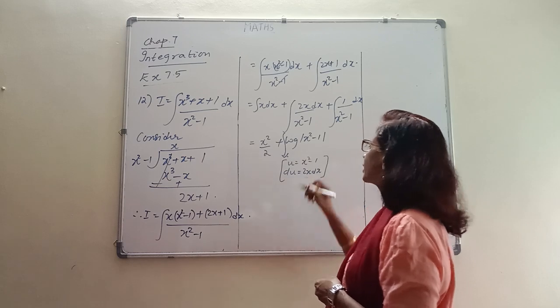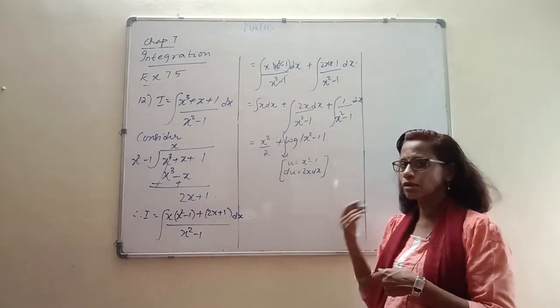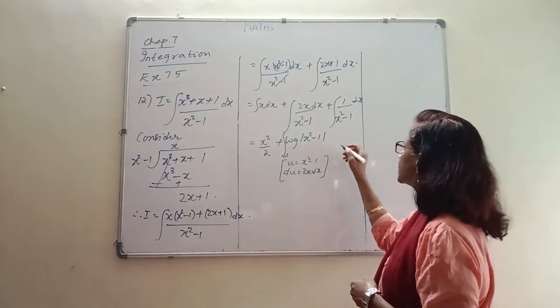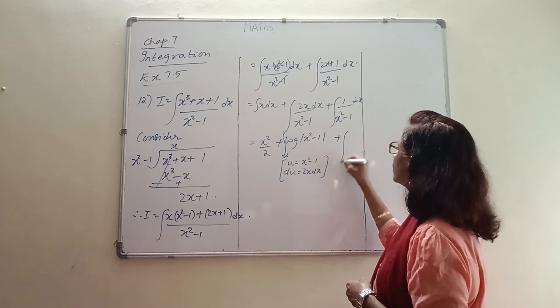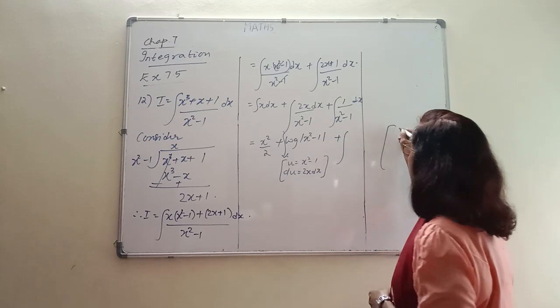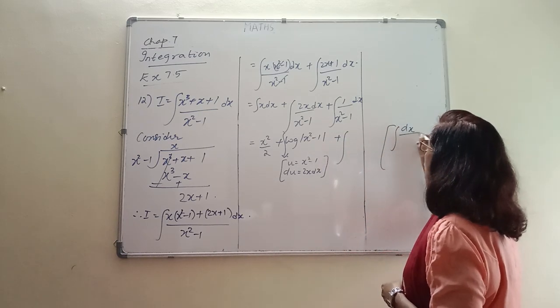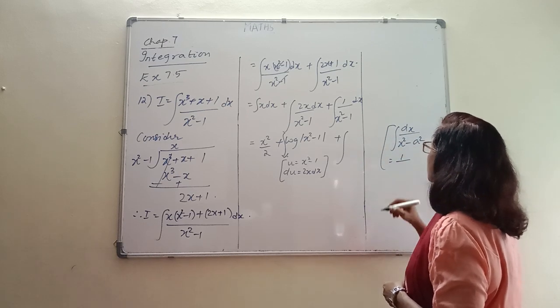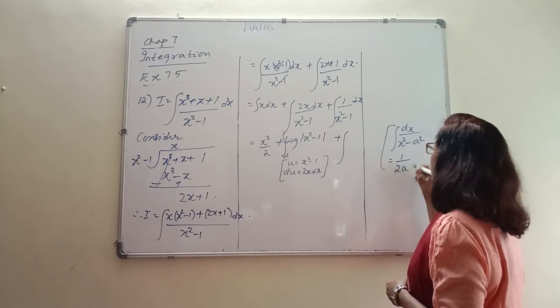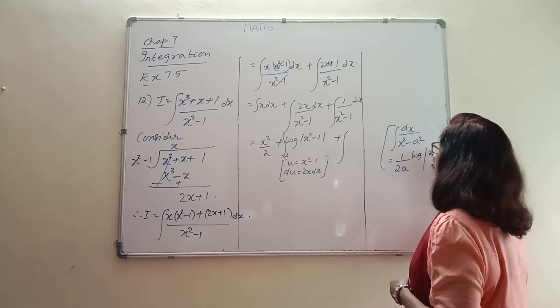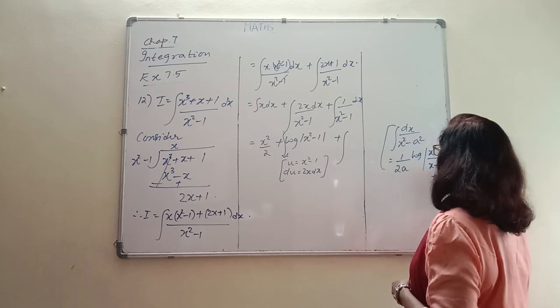That way the integral will become du over u, and that's how log comes. And this is a standard integral. Let me write that the integral of dx over x squared minus a squared is always 1 over 2a log of x minus a over x plus a.